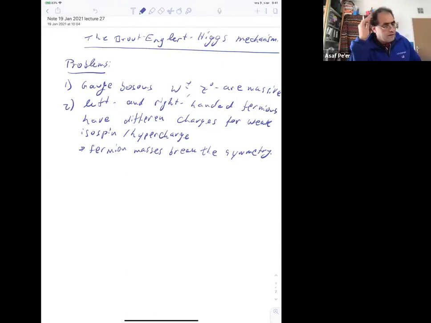Now, the idea of a hidden or broken symmetry, I kind of mentioned it at the end of the last lecture. In physics, we're searching for symmetry. It's beautiful, it's nice. Newton's law, Coulomb's law, they're symmetrical. But there is something that breaks the symmetry, and we know that.